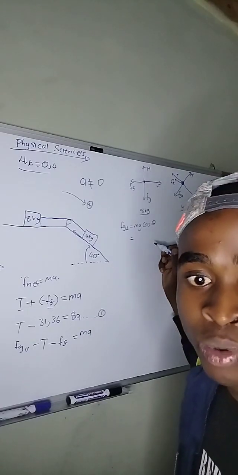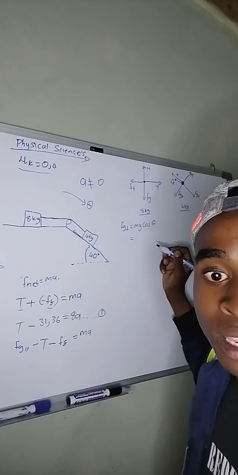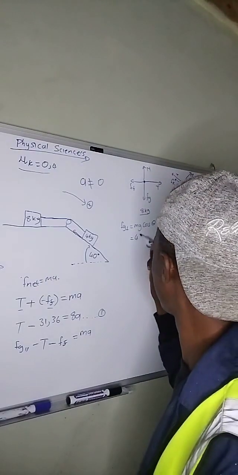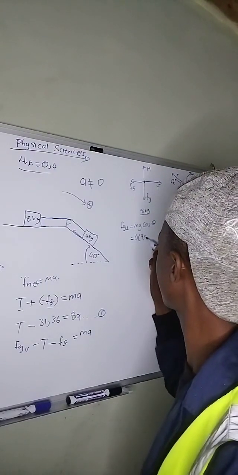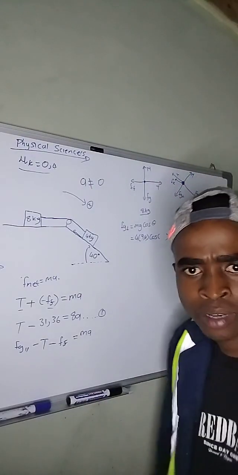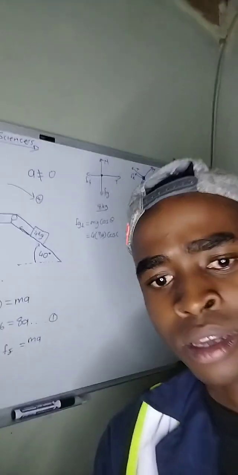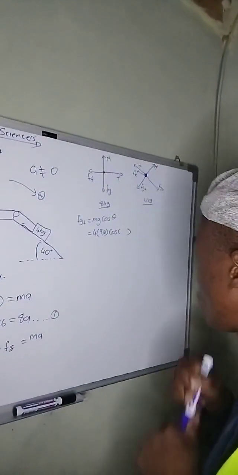My mass is going to be what? It's going to be 4. Obviously, this one is a constant, cos. What is going to be my theta? Yes, it's going to be 40.